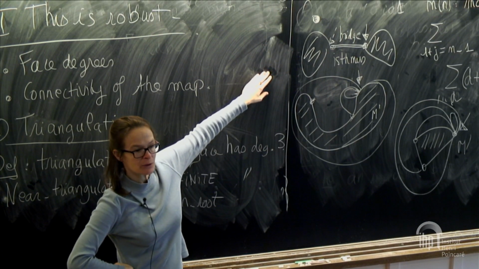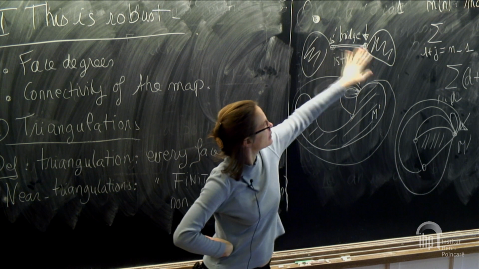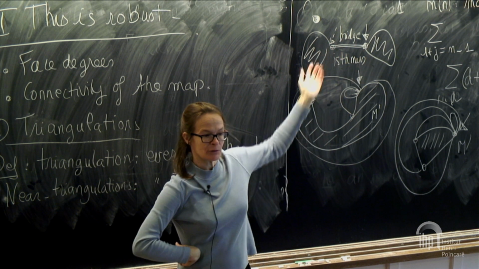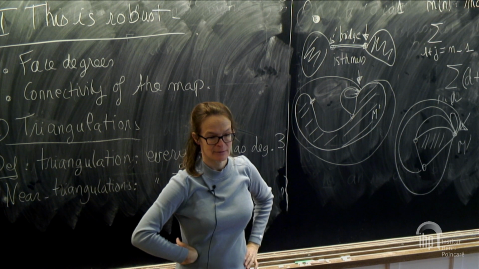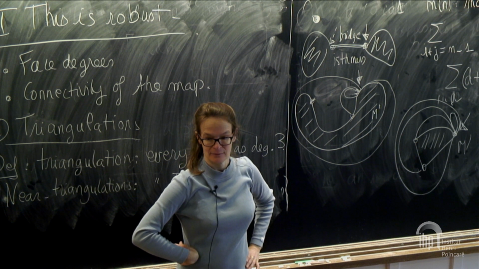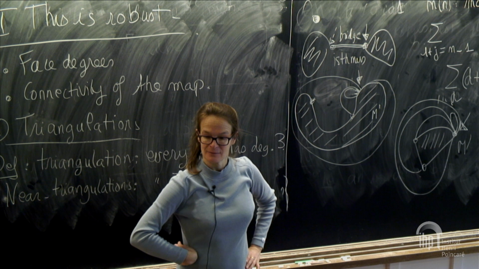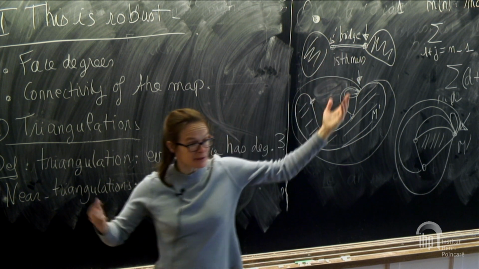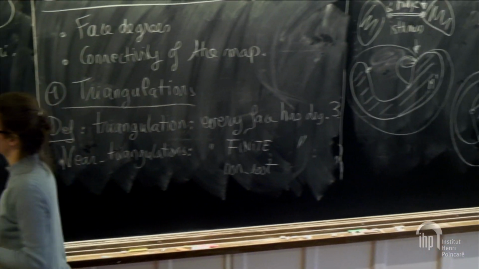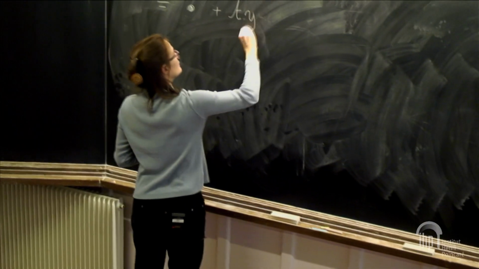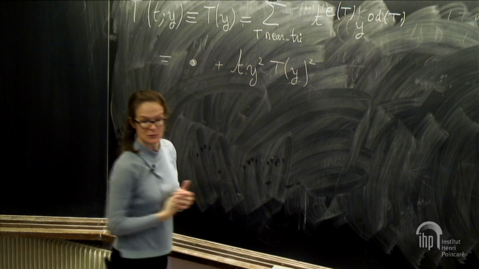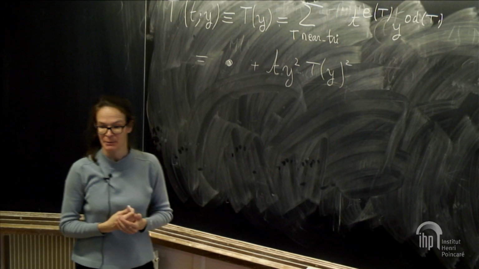In other terms, what condition do you need on each of these two pieces for the connected thing to be a near triangulation? Yeah, so it suffices that these two pieces have themselves finite faces of degree 3. So I will get exactly the same contribution, except that my M has become a T.